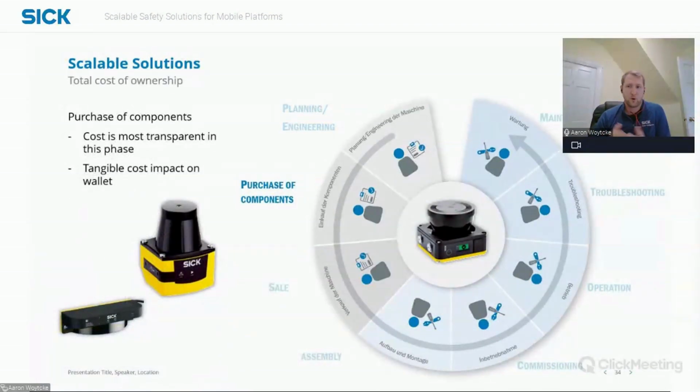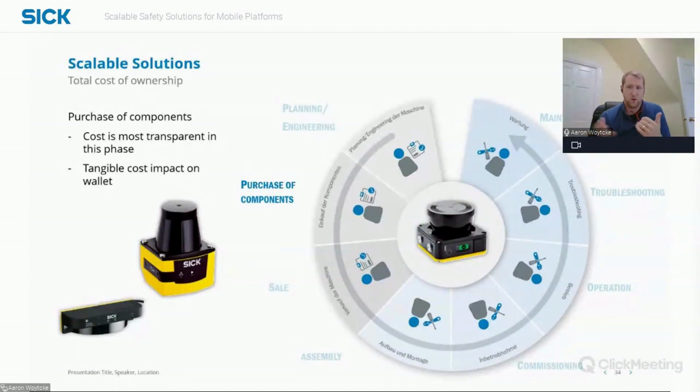Moving to the purchasing of components, this is generally the next stage of the machine life cycle. This is the phase when cost is most transparent to the OEM, especially because you're spending money on something more tangible than labor or other factors that go into designing and building a machine. So the cost of components differs.